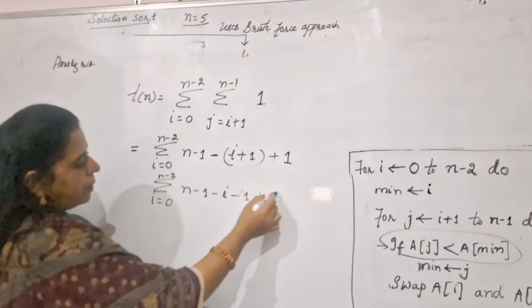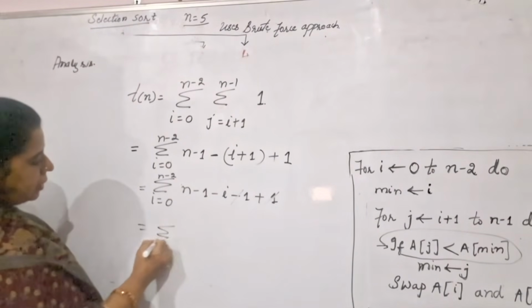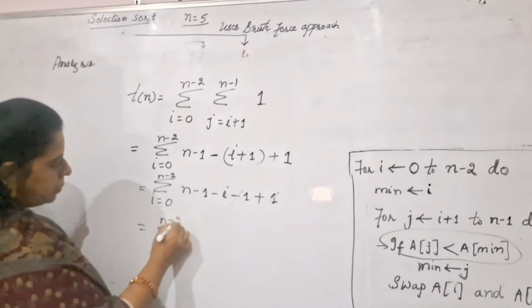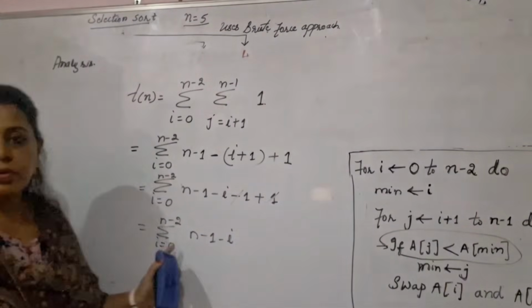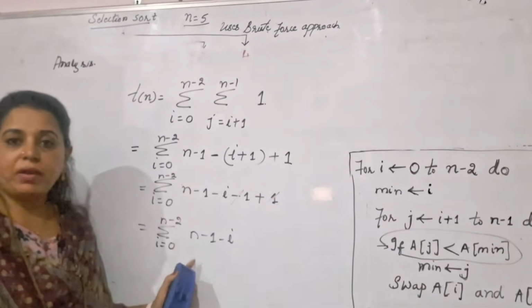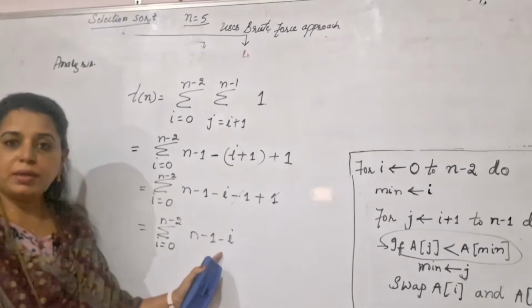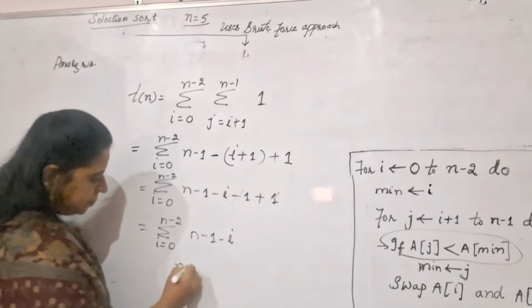Then this minus 1 plus 1 will cancel. So you will have only summation i equal to 0 to n minus 2, n minus 1 minus i. Now for this i, you have to substitute what? The values from substituting the value 0 and n minus 2 in this equation, you will get n into n minus 1 by 2.